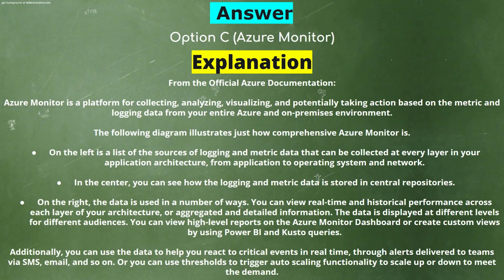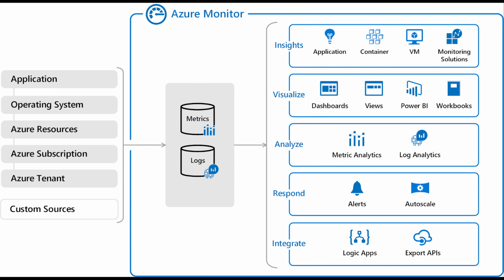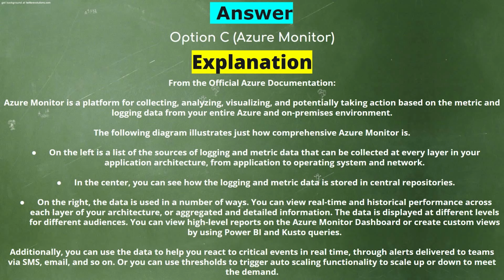The following diagram illustrates just how comprehensive Azure Monitor is. On the left is a list of the sources of logging and metric data that can be collected at every layer in your application architecture, from application to operating system and network.